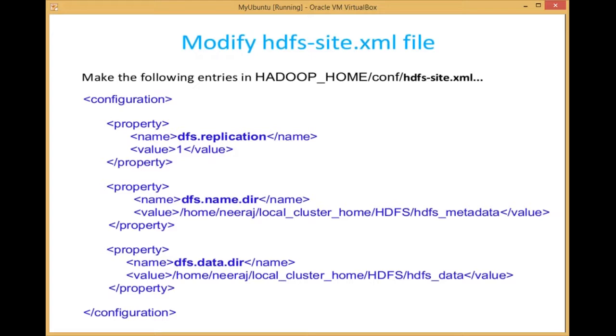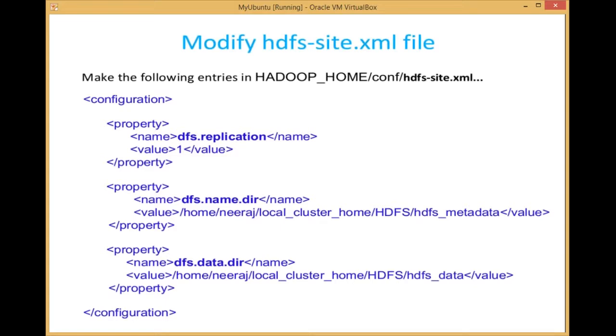The value of the second property is /home/nearest/local-cluster-home/hdfs, and inside that, hdfs_metadata. Those 3 rules are applicable here as well. You can give any path, any directory name, and you don't need to create that directory. It will be automatically created.